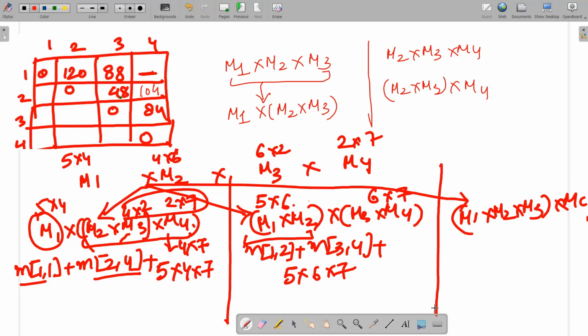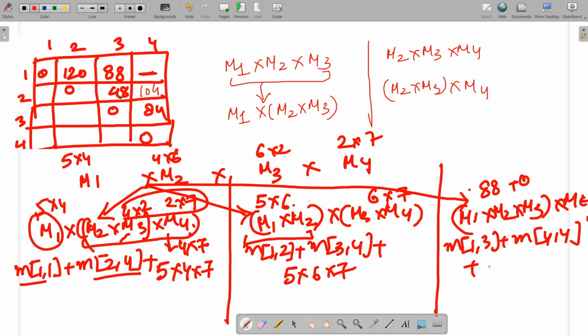So M1, M2 and M3, we already have got the cost of this. The answer for this is M13 plus M44 plus M4, and M4 is 0.